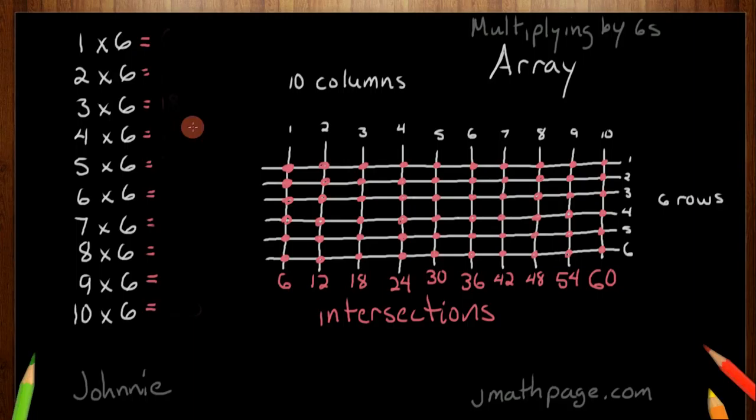Alright? So, let's start here. 1 times 6 equals. 2 times 6 equals. 3 times 6 equals. 4 times 6 equals. 5 times 6 equals. 6 times 6 equals. 7 times 6 equals. 8 times 6 equals. 9 times 6 equals. 10 times 6 equals.